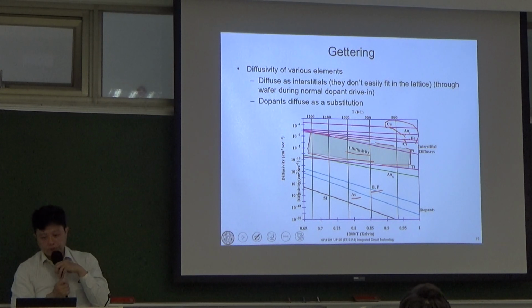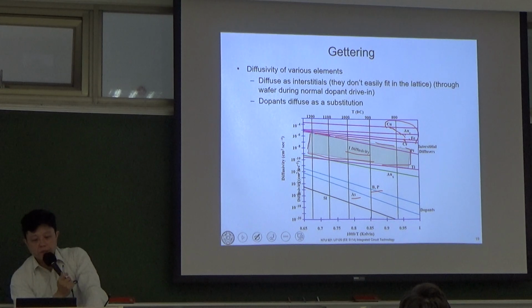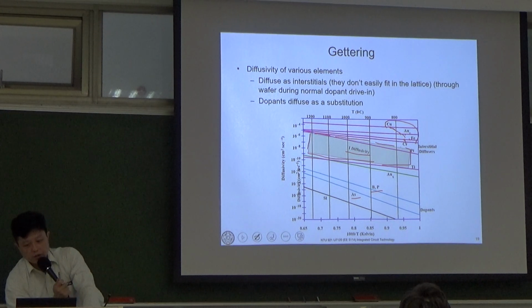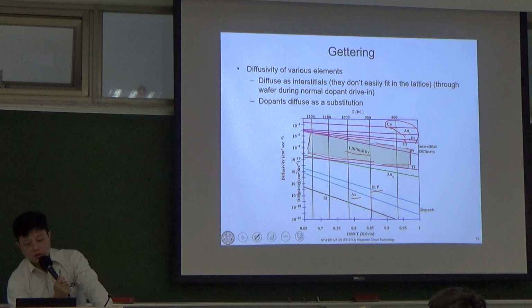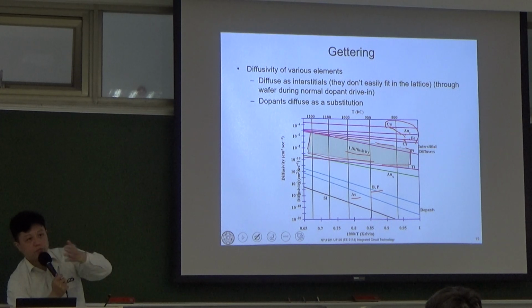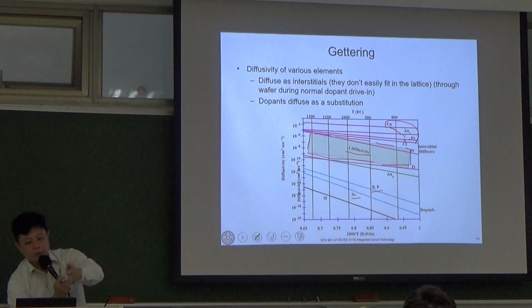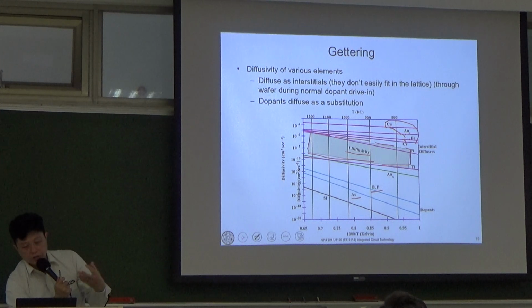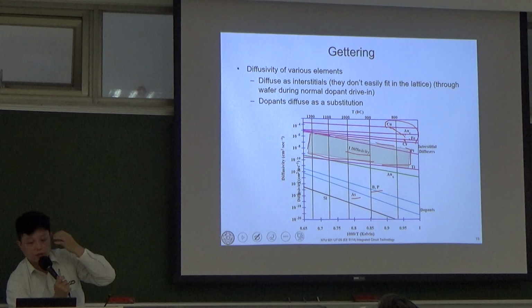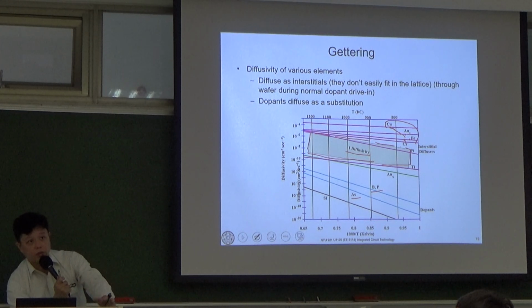Because this defect's size is different, sometimes larger, sometimes smaller, and they don't really fit in your lattice site, they just move in between your lattice sites so they can move faster. But this dopant, like boron or arsenic, tends to diffuse in a substitutional way, right?